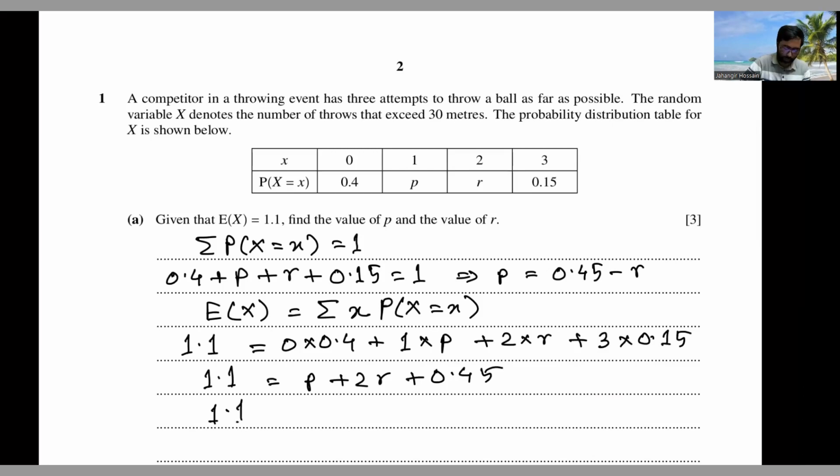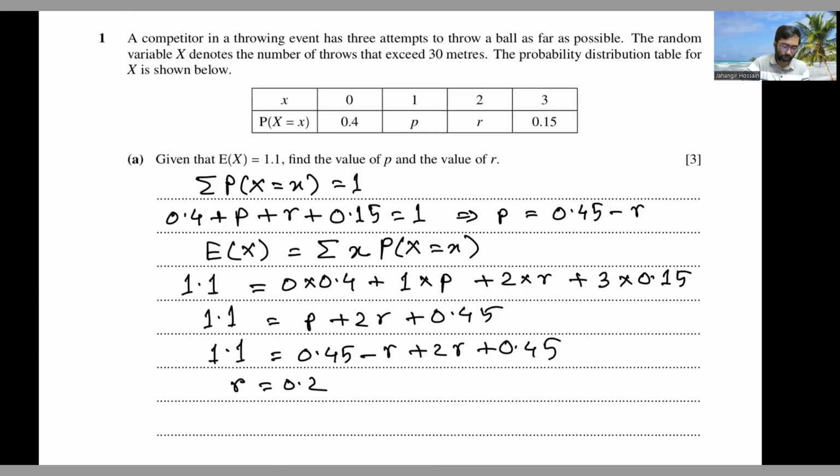Now, let's substitute P in terms of R. We have 0.45 minus R plus twice R, plus 0.45. So R equals 1.1 minus 0.9, R equals 0.2. And if R is 0.2, then P will be 0.45 minus R, that is 0.25. So these are the values of P and R.